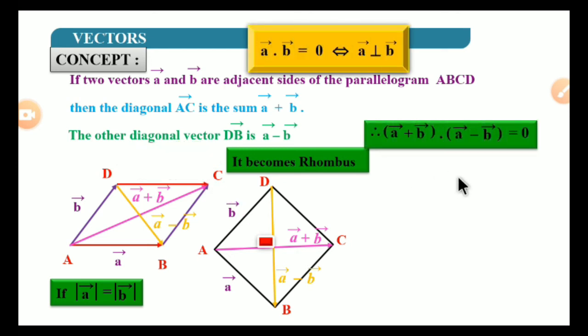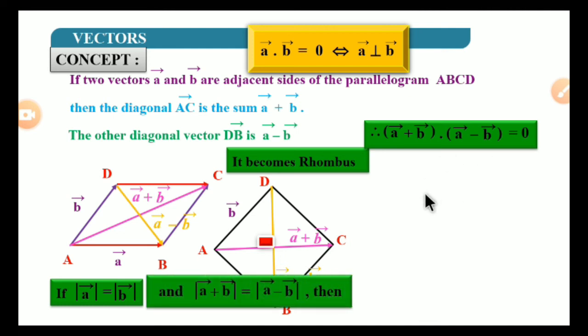90 degree. So A dot B is equal to 0, that implies A is perpendicular to B, and therefore A plus B dot A minus B is equal to 0. Because both are perpendicular, definitely their dot product is equal to 0.